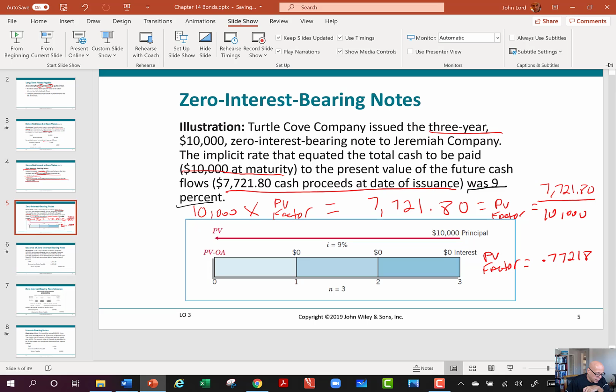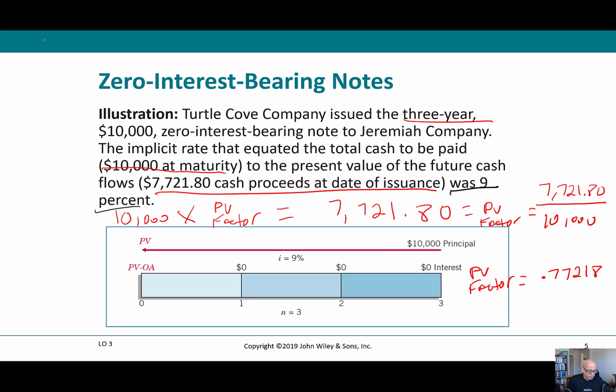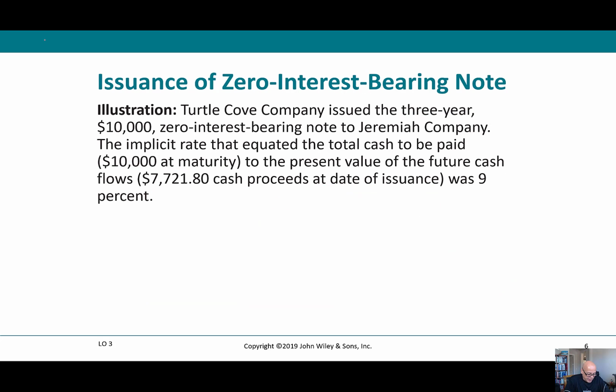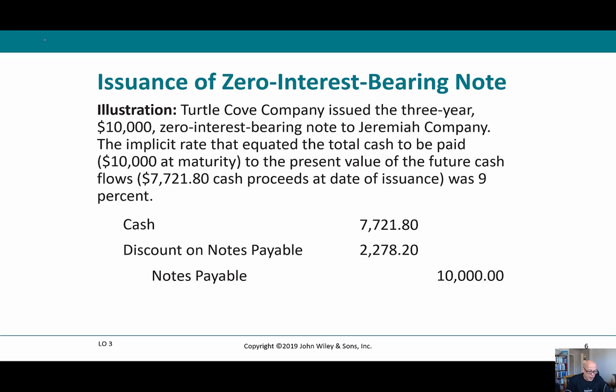Okay? So you go ahead now and you come back to the slideshow. I don't have to keep backing in and out of it when I want my present value tables, but that's okay. So I got cash. I know that I have to pay $10,000 back. I know I got this cash. And sometimes students say to me, well, where did the discount come from?